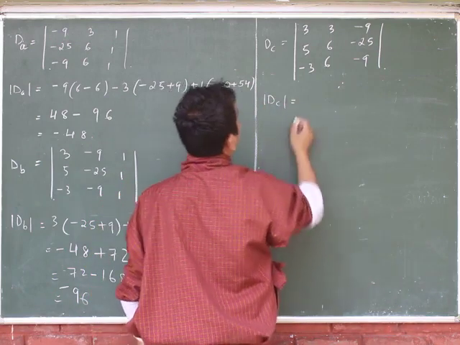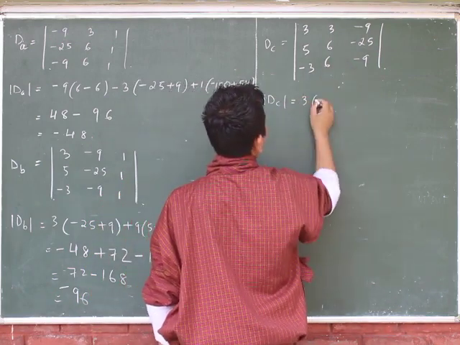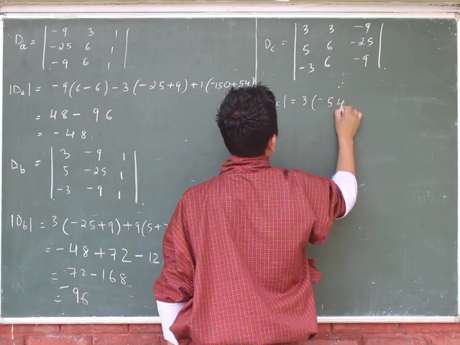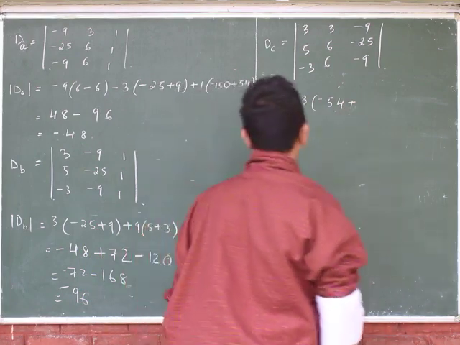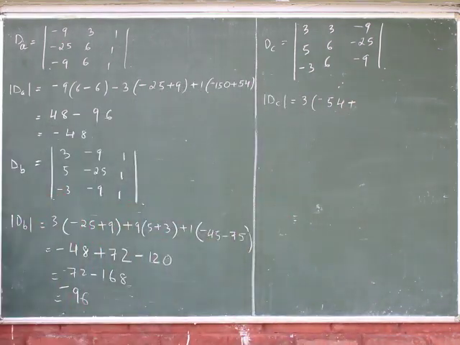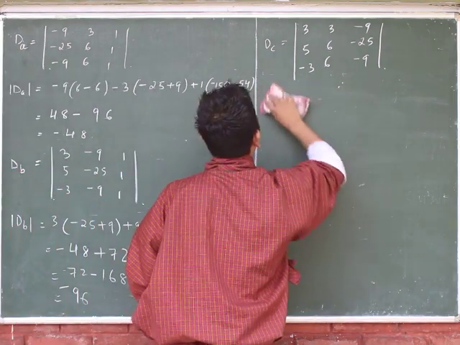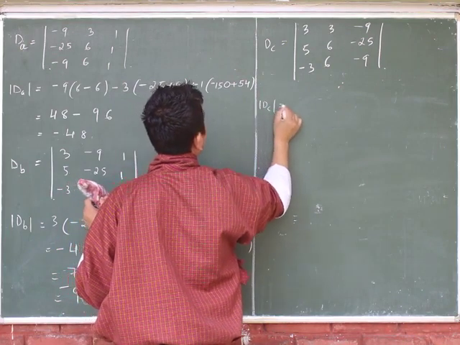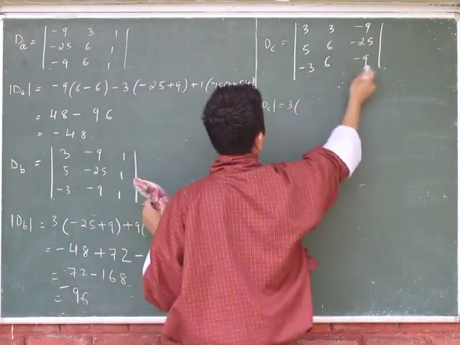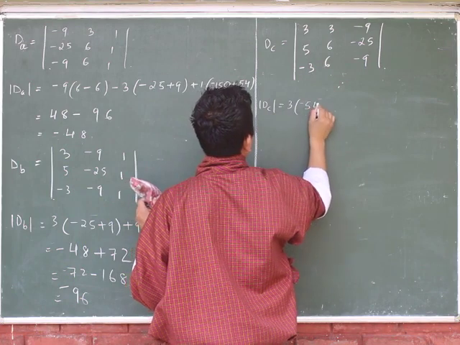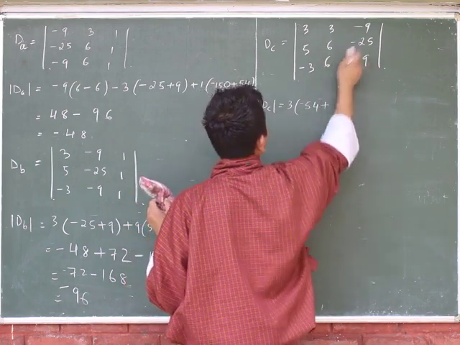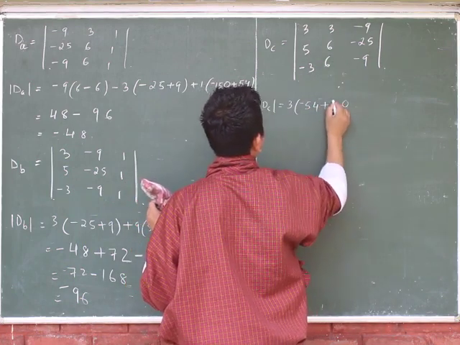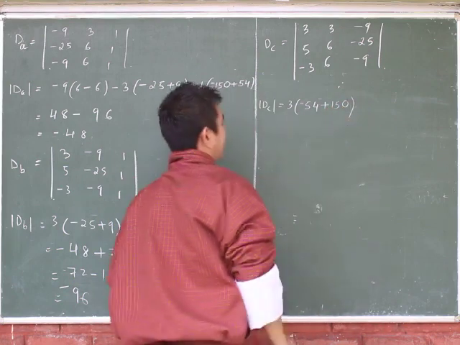We have now 3 times 6 times 9, 54. Okay, I need to write a little bit smaller, I need more space. Determinant of dC is equivalent to 3 times negative 54, then plus 6 times 5 is 30, and so on.